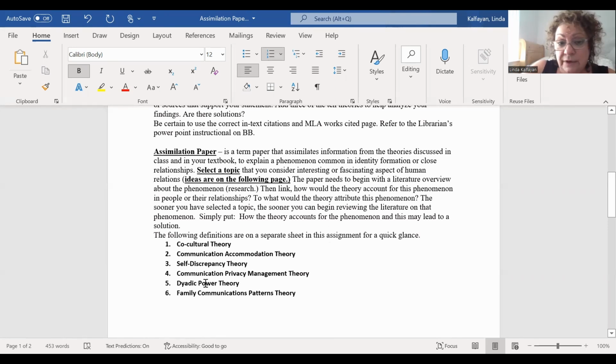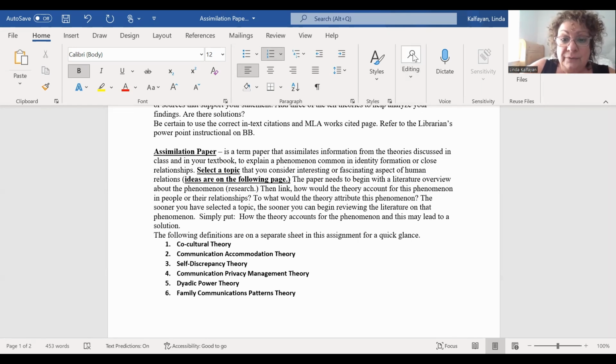So these theories can explain how this phenomenon, why it exists, what happens to perpetuate it, or maybe even it can solve the problem. Maybe if I know what the uncertainty reduction theory is, maybe I can understand how to better support building rapport with someone that I just met.